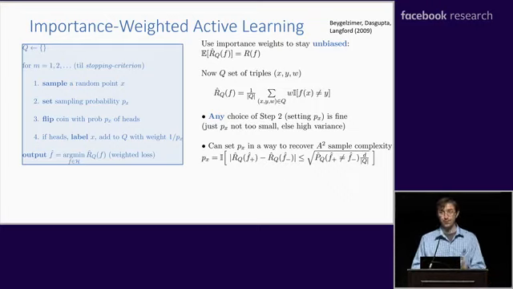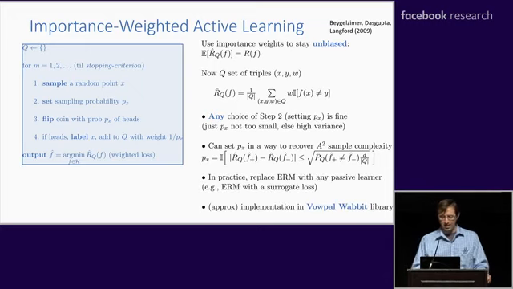So you don't really lose anything in terms of theoretical guarantees by expressing things this way, but you do gain a little bit of flexibility. And for that reason, this has been used in practical contexts. And of course, at the end, we are running an empirical risk minimization step, but you could use, again, any passive learning algorithm there in practice.